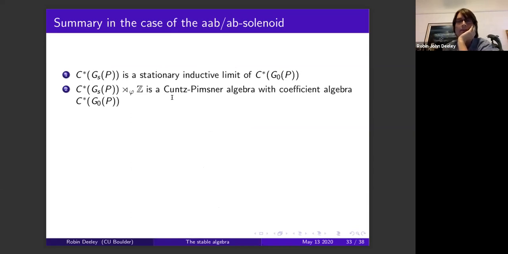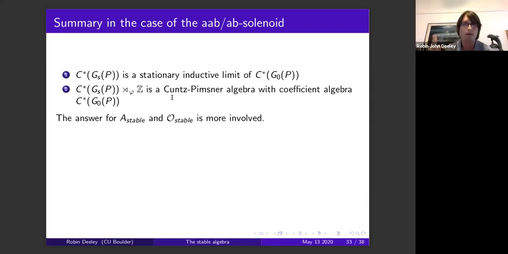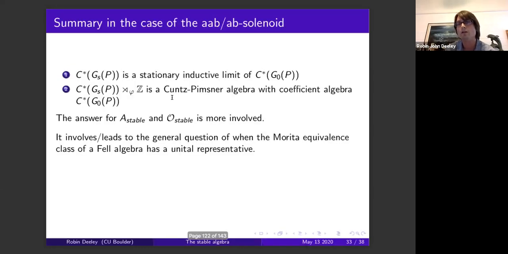Now, what's different in the unital case? Well, the unital case is going to be more involved. We can do it in this example, and I don't want to go through it for time reasons, but I want to point out how this led to a fundamental question that we don't fully understand yet. If I have a Fell algebra and I look at its Morita equivalence class, does it have a unital representative?